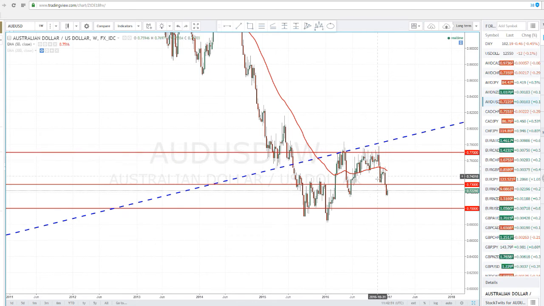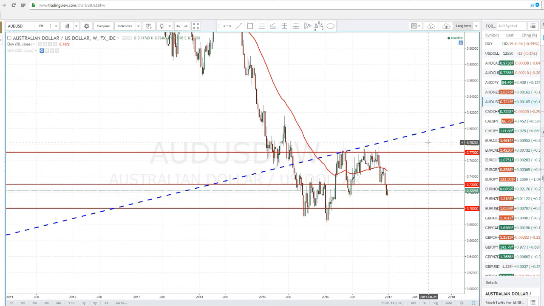Then we broke down. We came back up and tested the weekly 50 EMA with a couple of dojis, and it dropped down again quite nicely. So the 73 level hasn't been respected on the weekly as such very recently here. On the daily, we'll show it a bit cleaner, and you'll see where I think it'll go next.